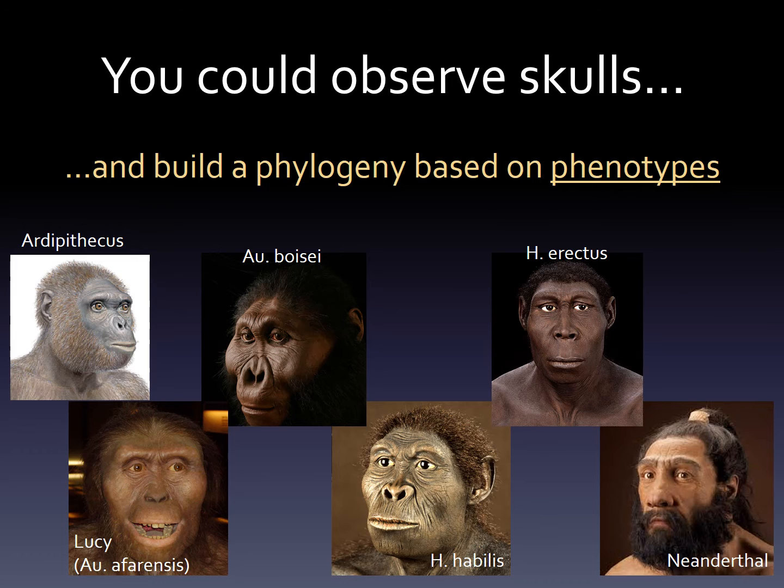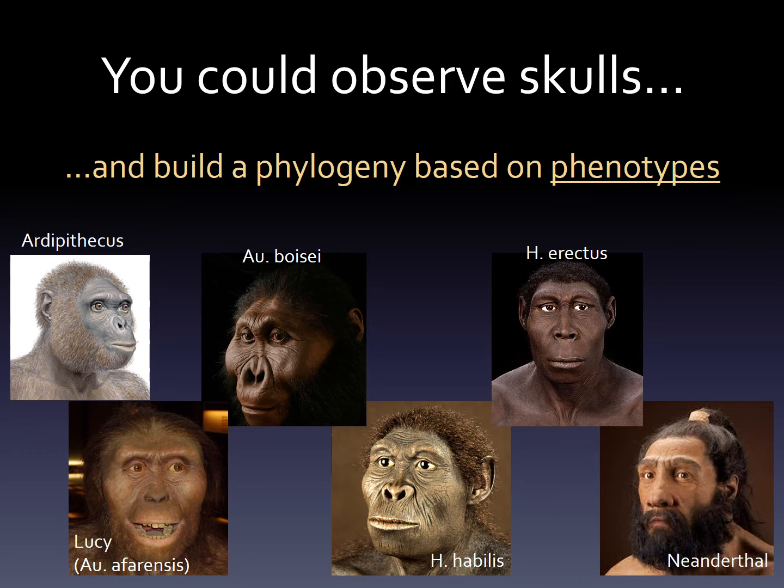We could measure how prominent their eyebrow arches come out, or we could measure the shape of the teeth in their mouth, and we could measure their bone structures. And based on similarities in their forms and the size of these different features, we could build a cladogram, a family tree, a phylogeny.